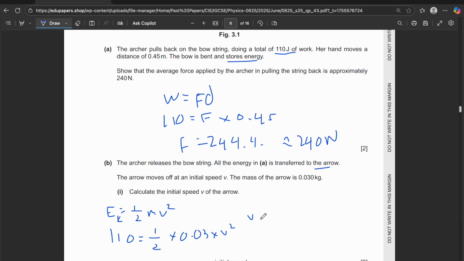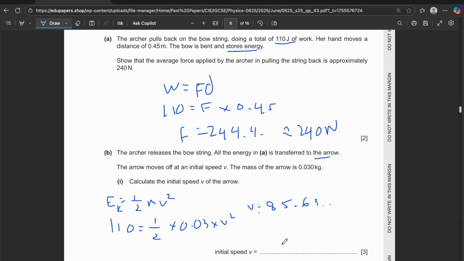So v is equal to 220 divided by 0.03, and you take the whole square root. That would be about 85.63, and if you take two significant figures, you get 86 meters per second.